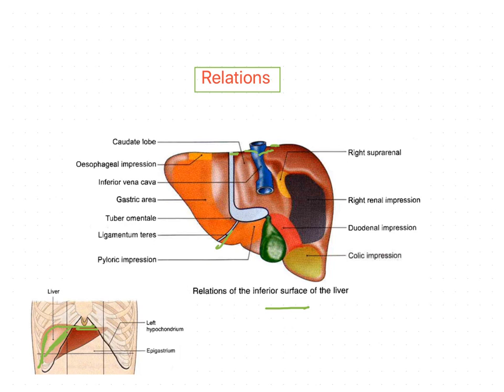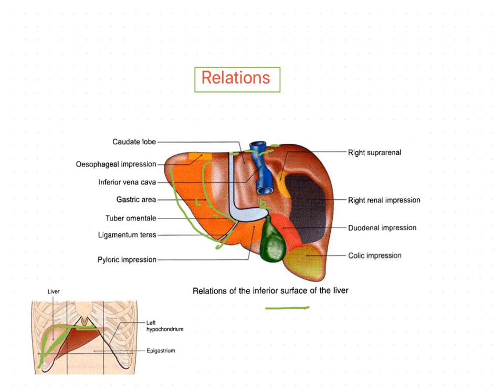So ligamentum teres and the ligamentum venosum separate this into right lobe and left lobe. On the left lobe there is a prominent region which is related to the stomach. This one is related to the gastric area, we can call it.